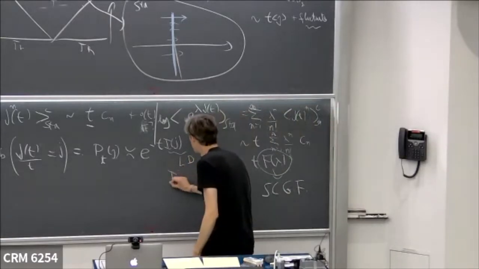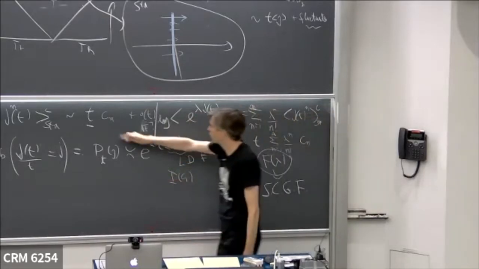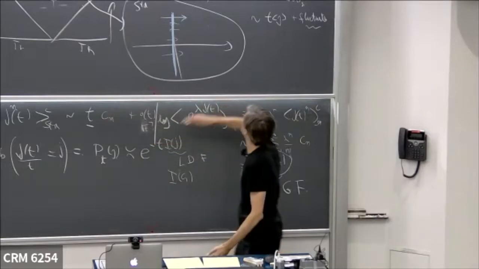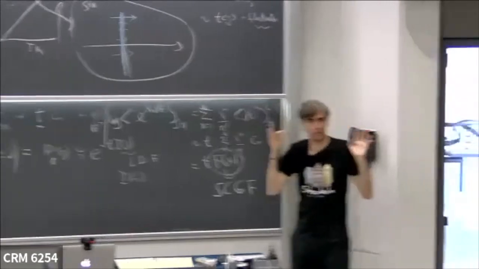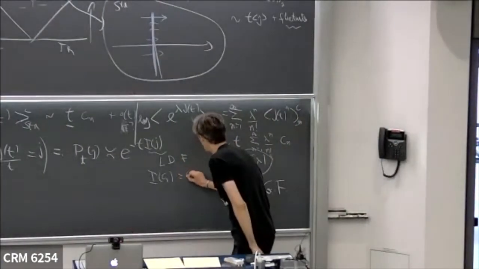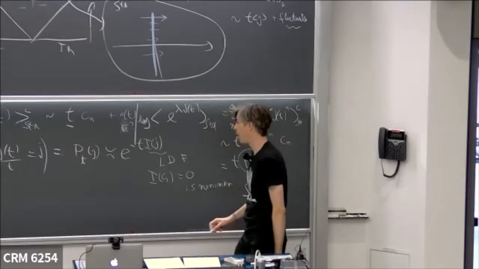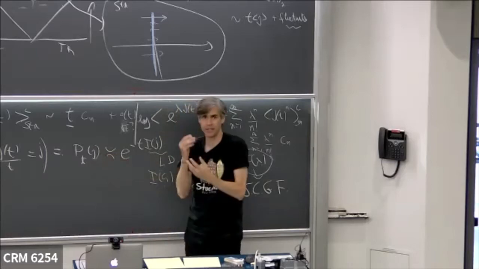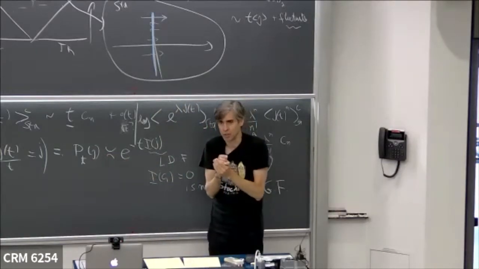It has a minimum at C1, which is just the average current. That was the thing I've written there, what I now call C1, the first cumulant, the average current. It has a minimum, which is equal to 0, because this is at the point where the probability is maximal, and the maximum it can have is just 1, of course.